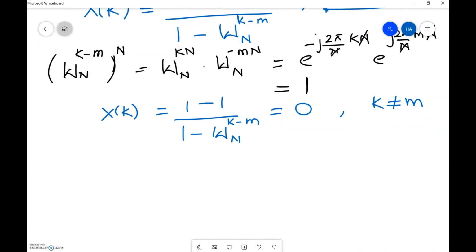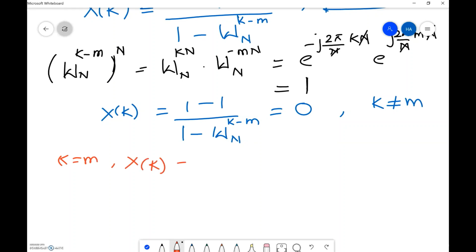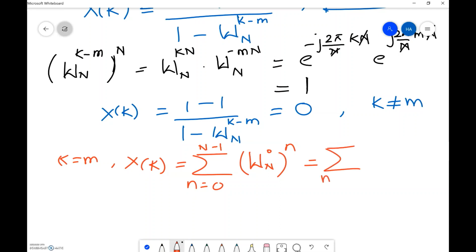So at k equals m, what is X of k? X of k is the summation n from 0 to N minus 1. Now if you put k equal to m there in that equation, it becomes Wn power 0 whole to the power n. Wn power 0 is nothing but 1, right? So 1 to the power n is 1.